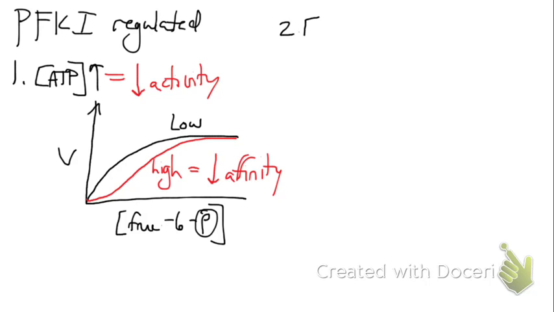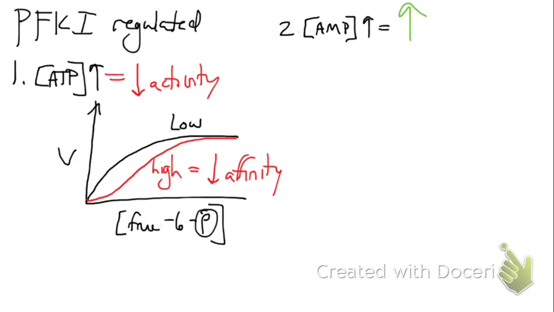The second regulator of PFK1 is the concentration of AMP. If you have a high concentration of AMP, that means you're going to positively regulate PFK1. You're going to increase it.